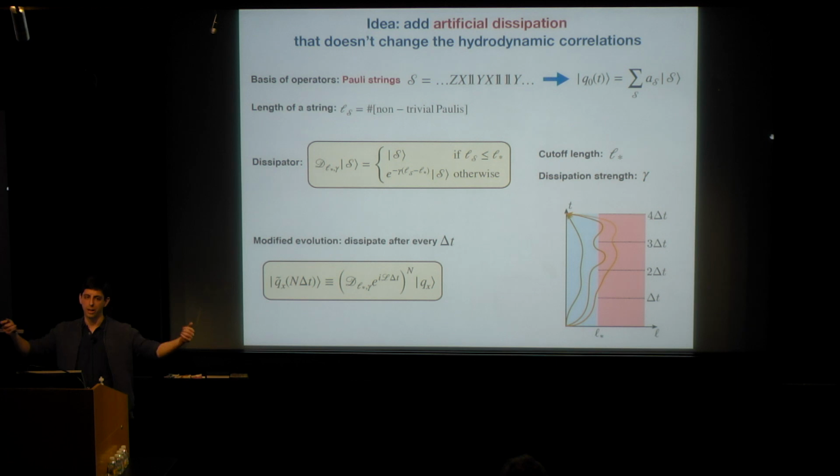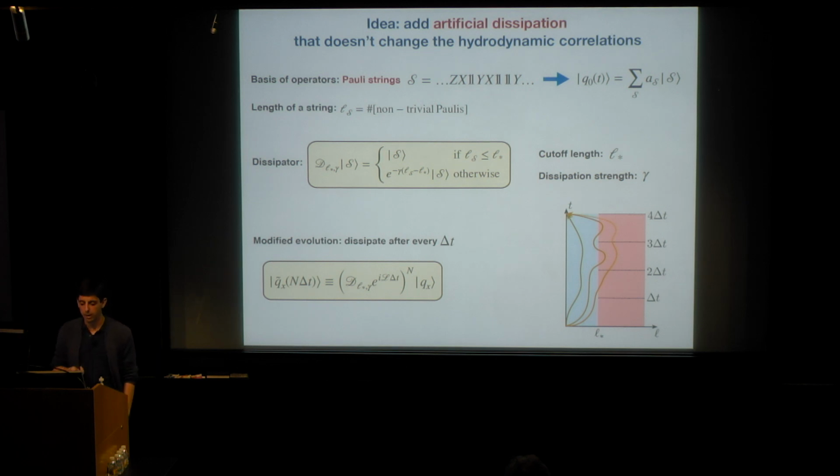Maybe at some intermediate time, the operator gets very big, but it needs to go back to something local to contribute to the quantity I want to calculate. And those paths which get very big at some intermediate time, we expect them to have a small contribution. I will return to this later, why this is the case. But basically, once you get big enough, it's very unlikely that you would shrink back to a local operator, just because there are so many more big operators, you are more likely to just keep growing.